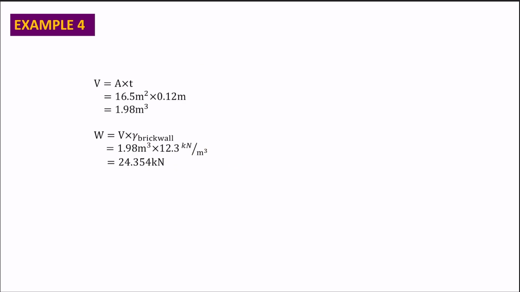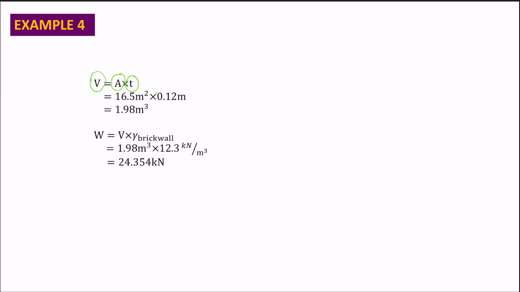Next, we need to calculate the volume of the wall since kita nak kira berapa reaction at the support of A and B. For volume, the area of the wall times with the thickness of the wall.